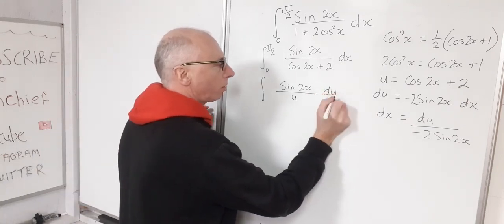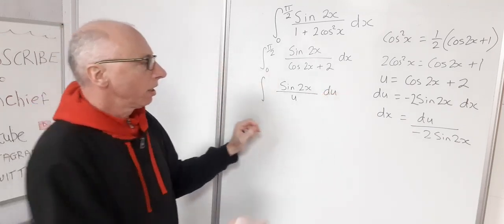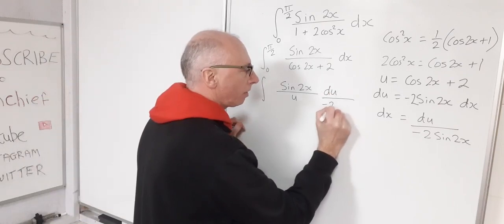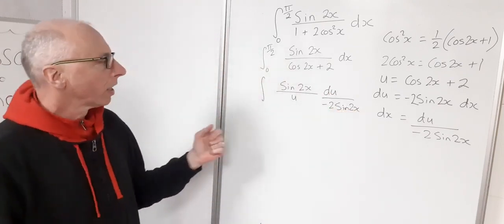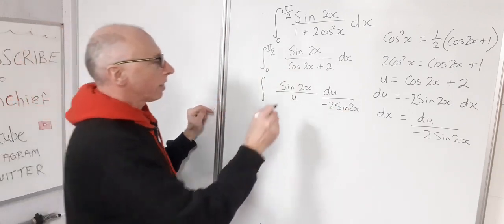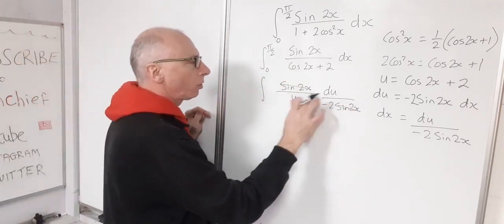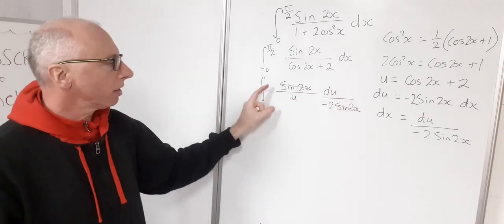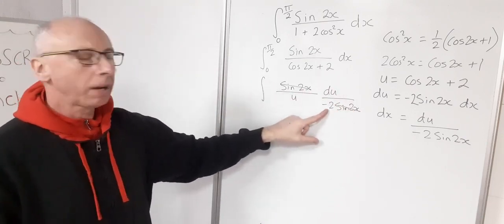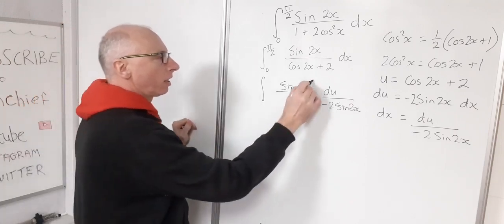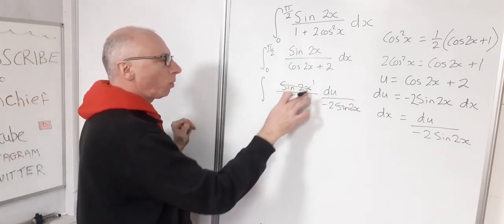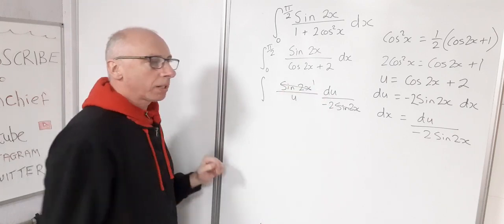So now the sine 2x's both cancel out, because as we're in our u variable now, we don't want the x inside here because it's meaningless. So now we've got minus 1/2 with our du. So now this just cancels out into 1 over u du times minus 1/2.